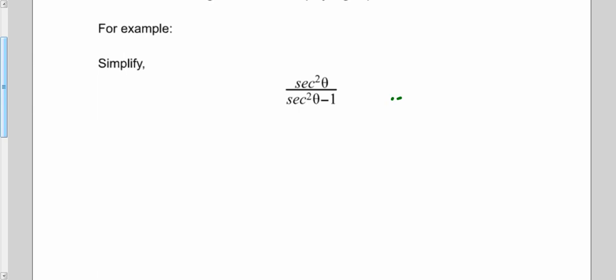What do you think, Dawson? Tangent squared plus 1 equals secant squared theta. Okay, so that would be tangent squared theta plus 1 over. Is that what you want me to do? Or do you want me to replace this secant squared theta with tangent squared theta plus 1? Okay. Both of them?